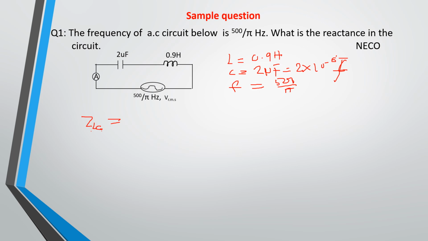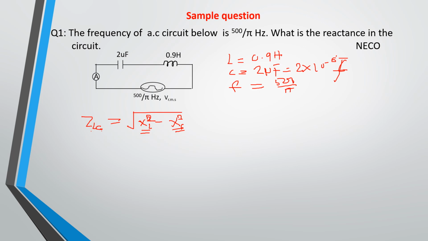ZLC is equal to the difference of the square of the inductive reactance and the square of the capacitive reactance. Which means that for us to solve this problem, we must find the inductive reactance and the capacitive reactance. We must look for those two, and that is exactly what we have to do first.